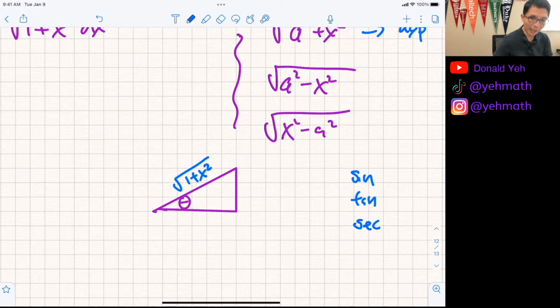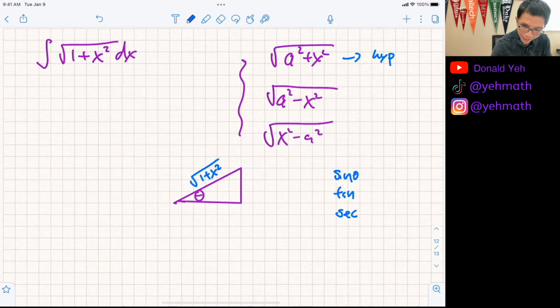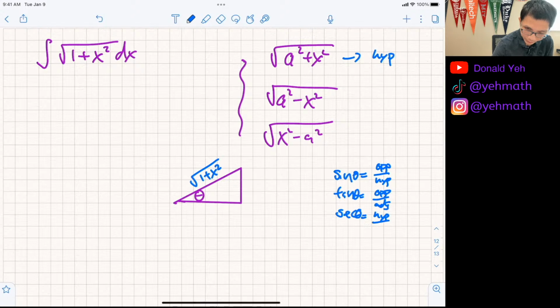Okay, so now what we know is sine of theta is equal to opposite over hypotenuse, and tangent is opposite over adjacent, and the secant of theta is equal to hypotenuse over adjacent, right?